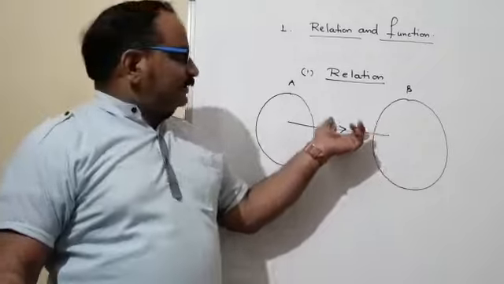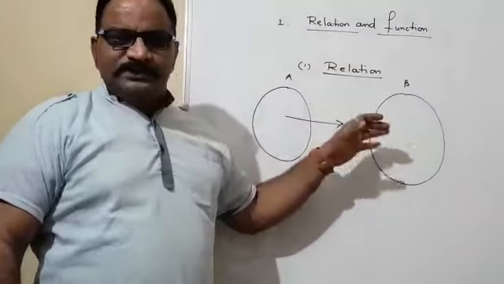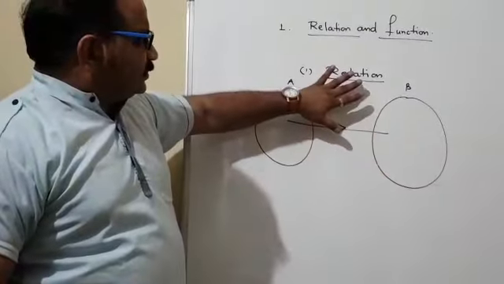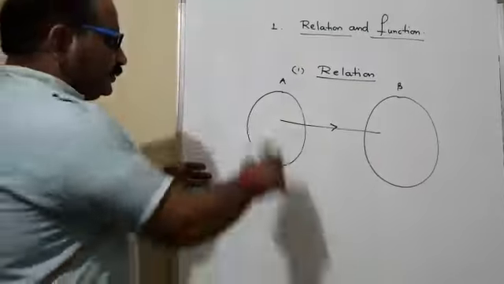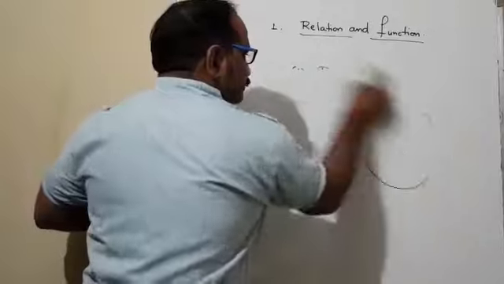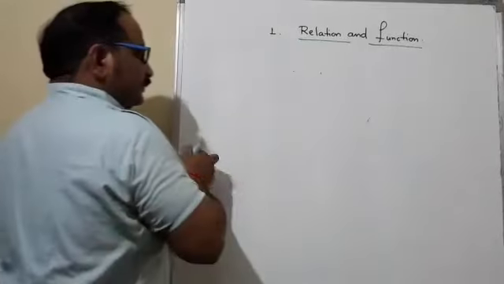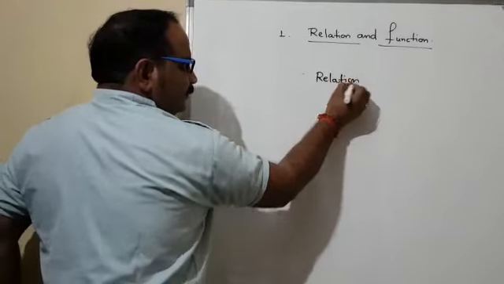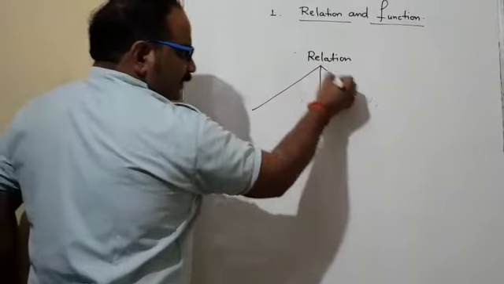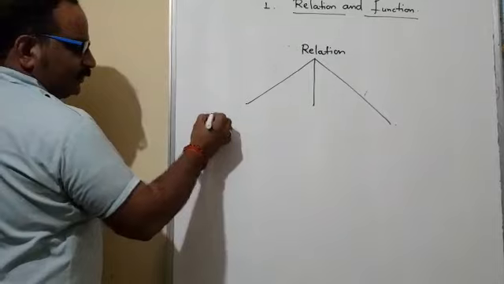Now we are switching to the 12th standard. In 12th standard, simply relations, we have to touch the types of relations. So we are bothering about the types of relations. Normally in our syllabus we have three types of relation.